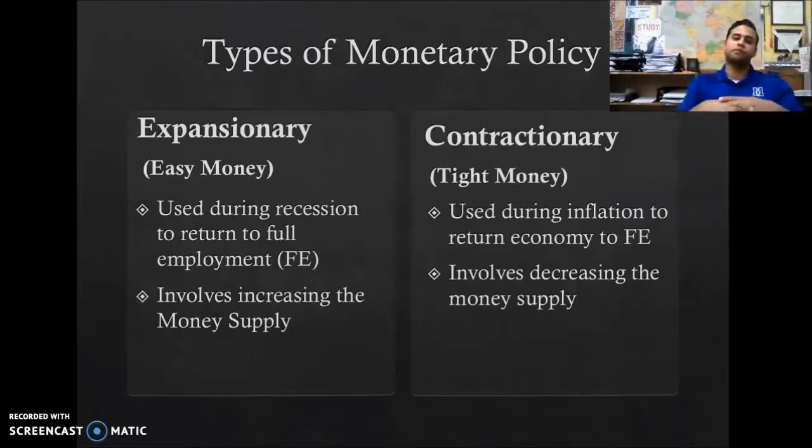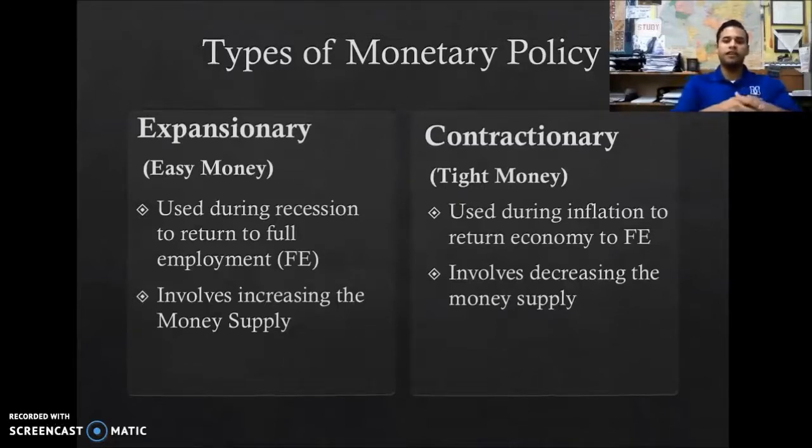Contractionary policy is going to be the opposite of that, and it's known as tight money or a tight policy. It's used during inflation to return the economy back down to full employment, so you're going to decrease the money supply, shift aggregate demand to the left, get us back to the natural rate of unemployment. So pretty intuitive, I think, in so much as we understand that the business cycle is aggregate demand shifting back and forth, and that expansionary policies in general, whether they be fiscal or monetary policies, are aimed at manipulating aggregate demand back to center, back to long-run macroeconomic equilibrium.